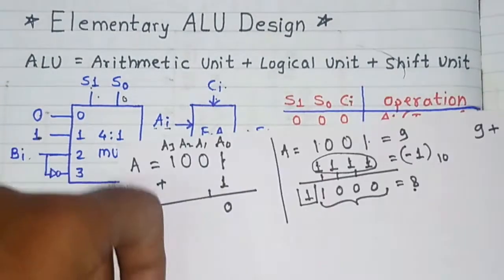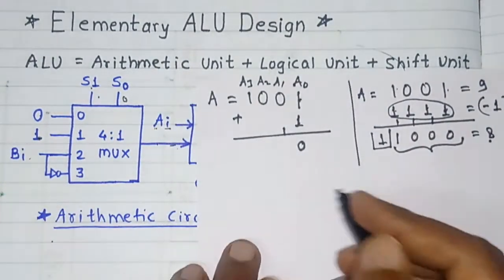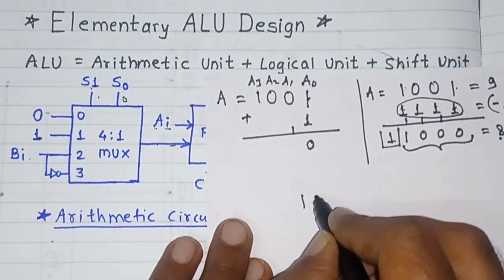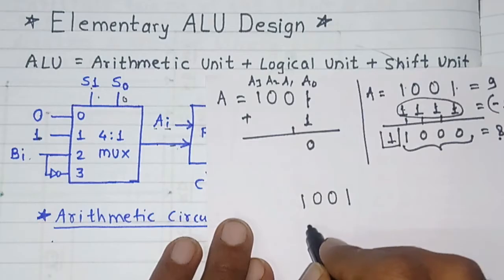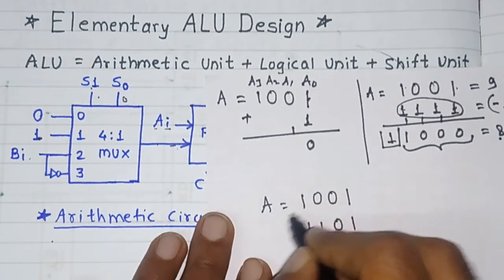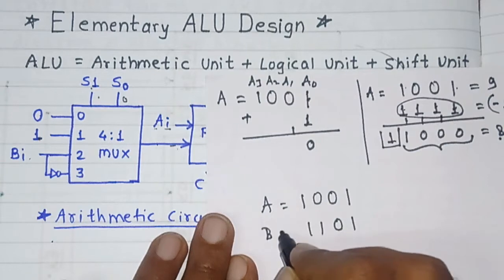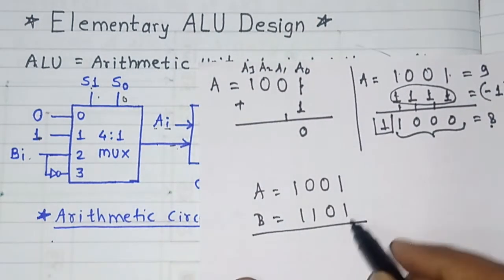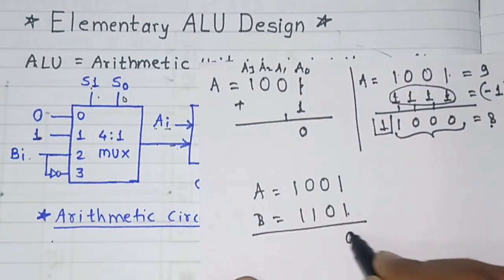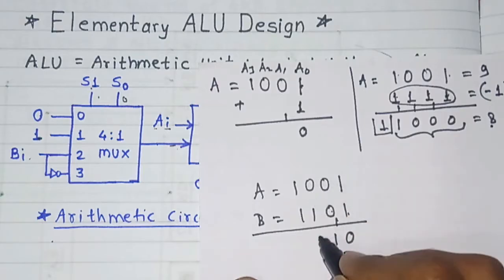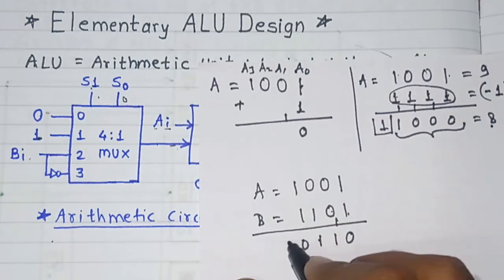If you want to perform any arithmetic operation, suppose we have the 4-bit values 1001 and 1101. This is the value of the A variable, this is the value of the B variable. Then it will simply perform addition: 1 plus 1 is 0 carry 1, 1 plus 0 plus 0 is 1, 1 plus 0 is 1, 1 plus 1 is 0 carry 1.